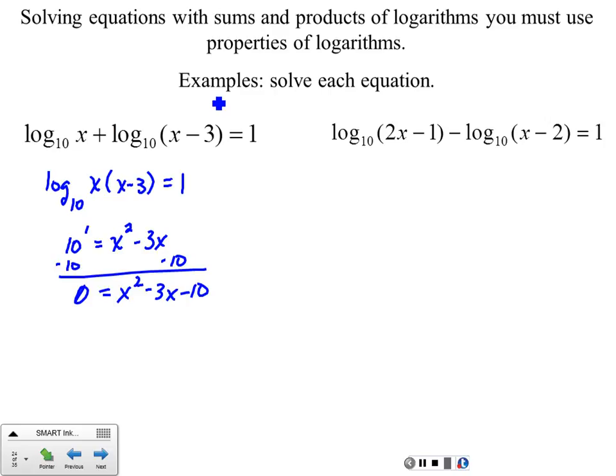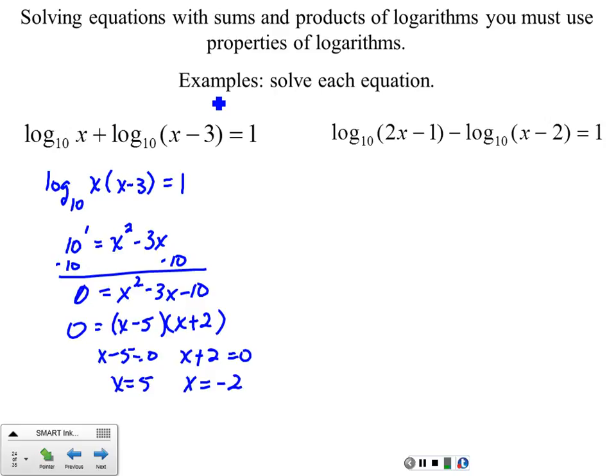You have one of two options. You can either factor it or you can use your quadratic formula. That's completely and totally up to you. If it will factor, I prefer to factor, and this one will, so that's the way I'm going to go. If you don't like factoring or you don't know how to factor, use the quadratic formula. So this is going to be x minus 5 and x plus 2. And then take each one of these and set them equal to 0. So we have x minus 5 is equal to 0, and you have x plus 2 is equal to 0. And so we'll get x is equal to 5 and x is equal to negative 2.